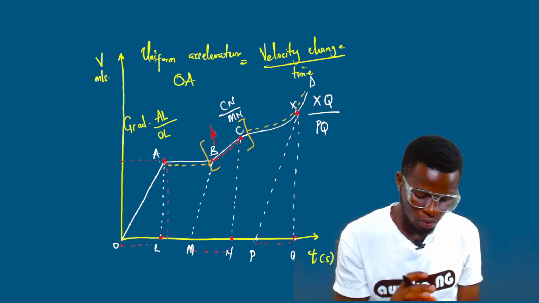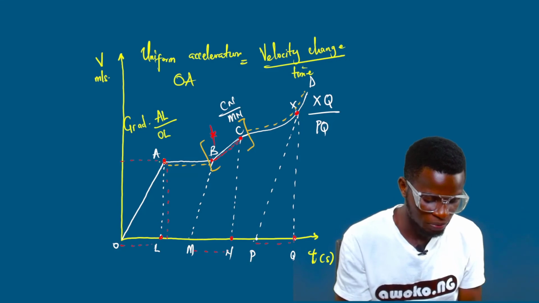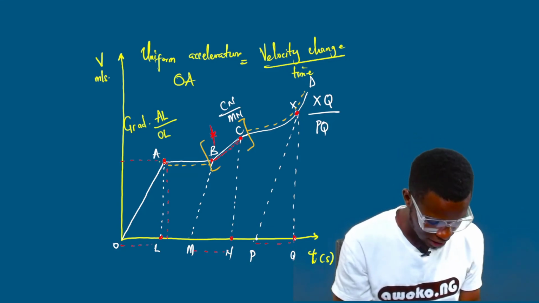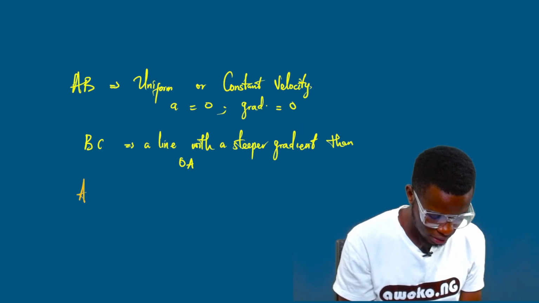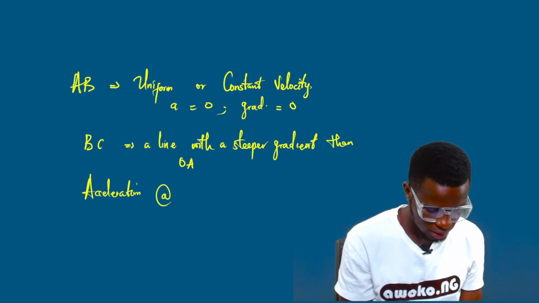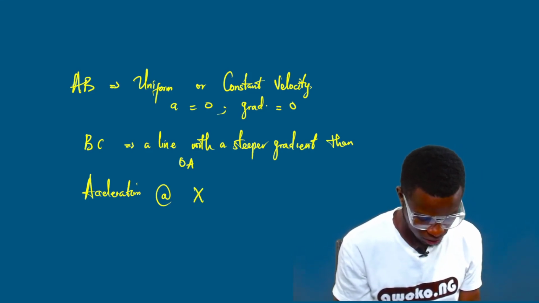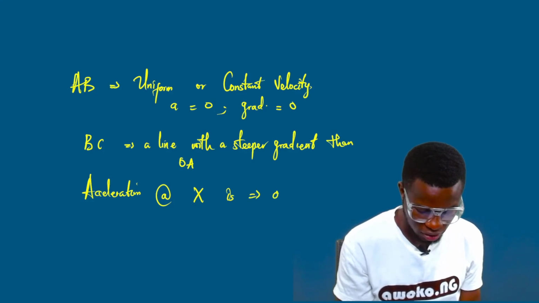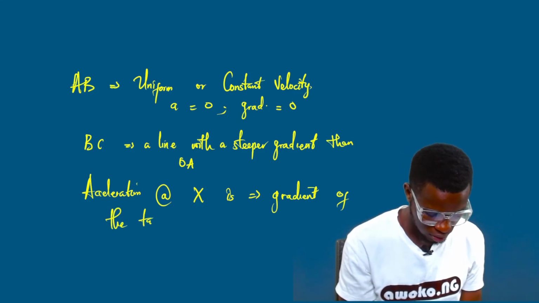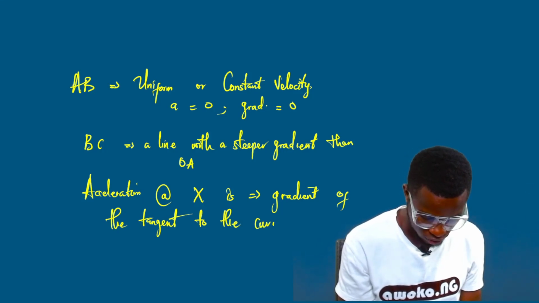So when there is an irregularity in the velocity, then we say that the acceleration at point X is equal to the gradient of the tangent to the curve.